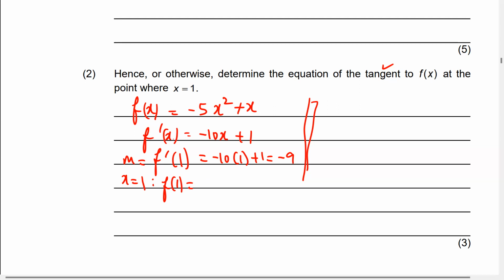If x is 1, then you substitute here, which gives minus 4. So x is 1, y is minus 4, which means y minus y1 equals m into x minus x1.